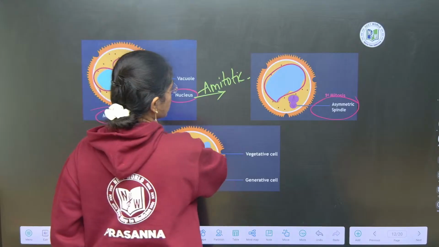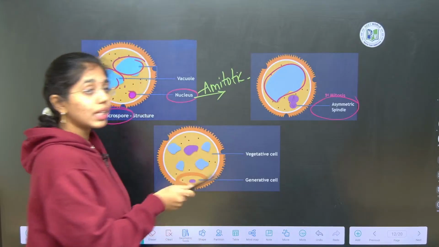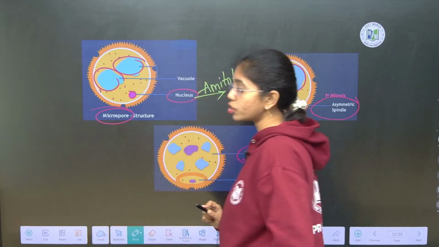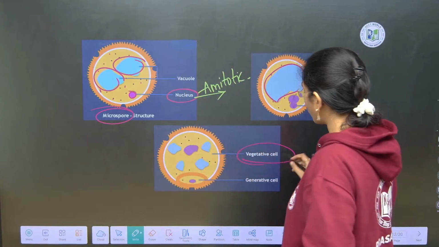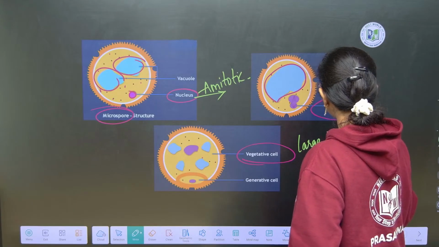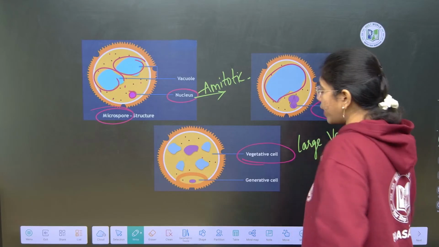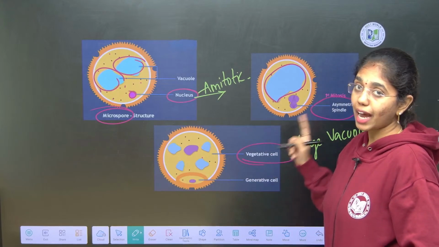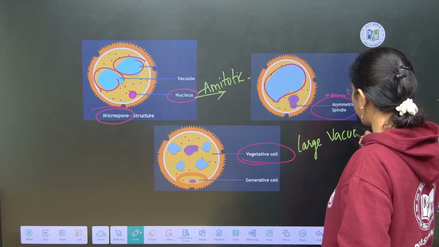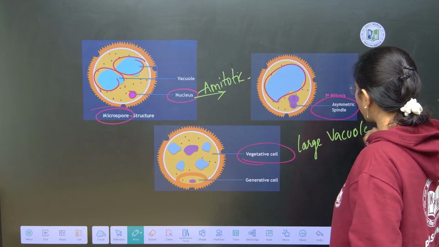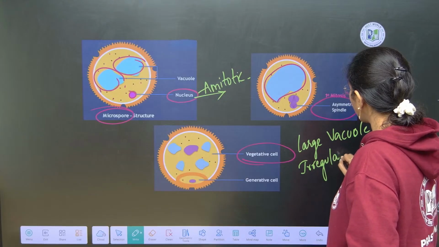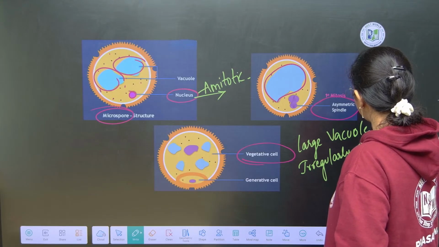As such, two cells are formed. The large vegetative cell consists of large vacuoles and an irregularly shaped nucleus.